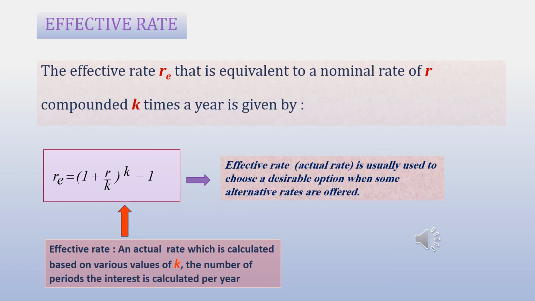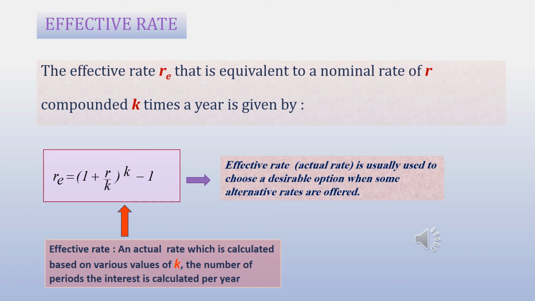So k can be any integer, 1, 2, 4, 12, or any number, while the annual rate is the rate when k only equals 1. So that is the difference between the effective rate and the annual rate. When k equals 1, the effective rate RE is equal to the annual rate R.